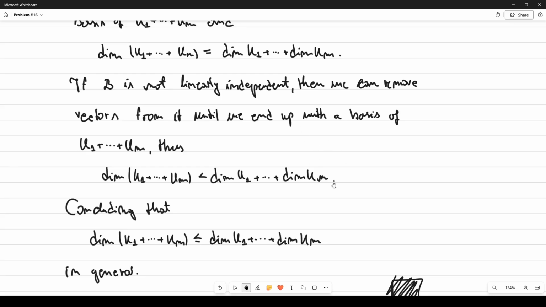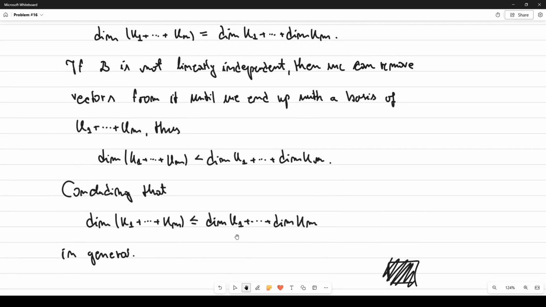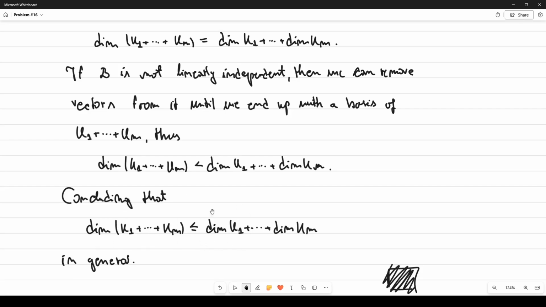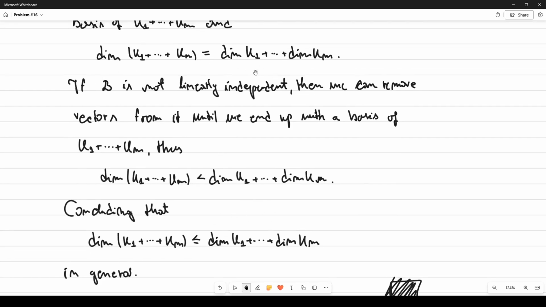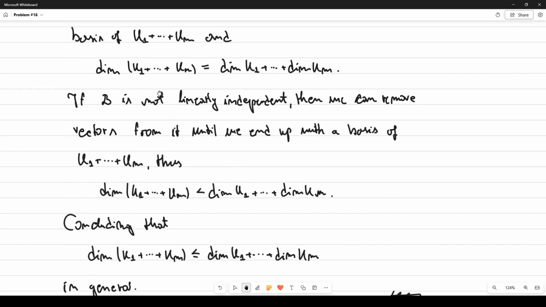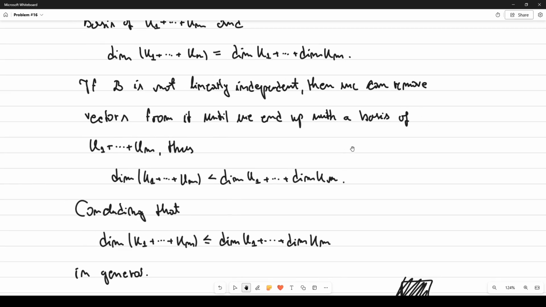So when we unite both of the cases, we get that this is what generally holds, where equality turns out to hold if the subspaces form a direct sum. So when we glue all of their bases together, we still get a linearly independent list. So that means that the sum is also a direct sum.